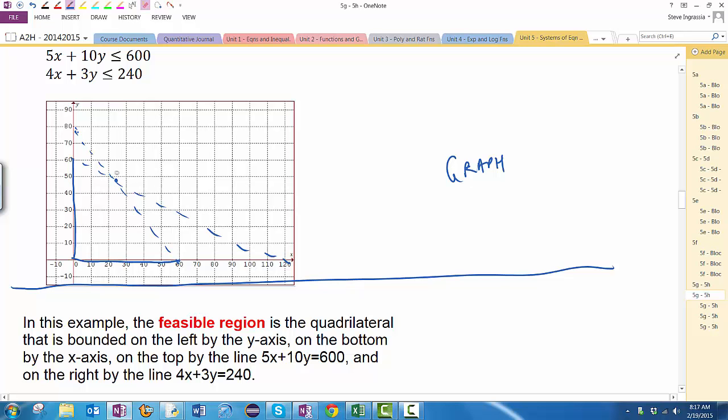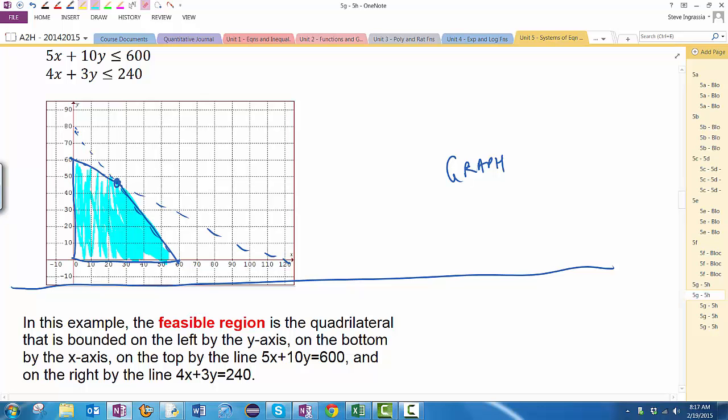So somewhere around here is where those two intersect. Let's get the feasible region shaded in nicely here. Oh, look at that lovely coloring.